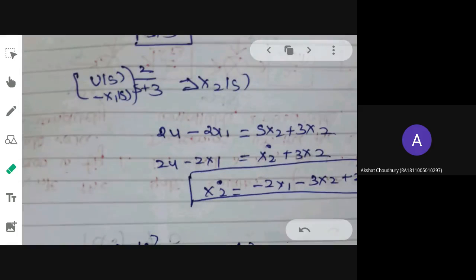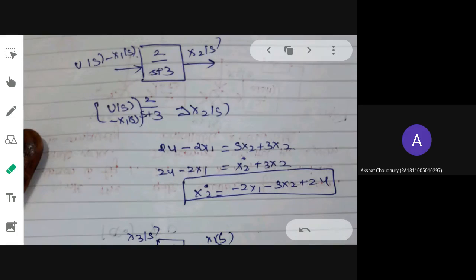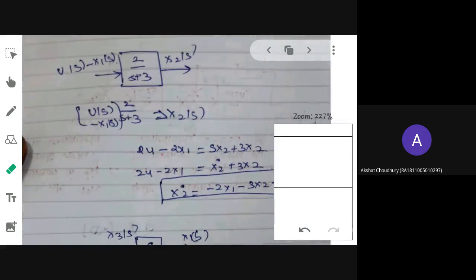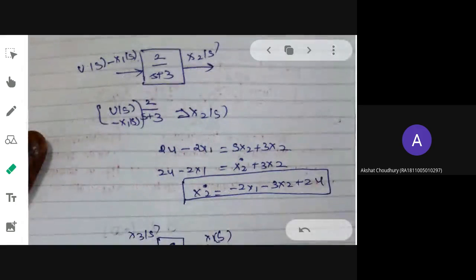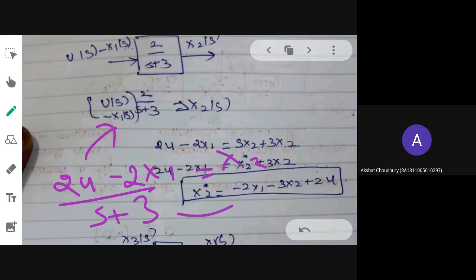Okay, just you are simplifying this equation. So how will you simplify? 2u minus 2x1 divided by s plus 3. S plus 3 you can take to the other side.